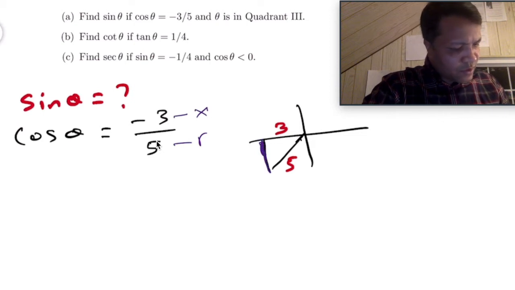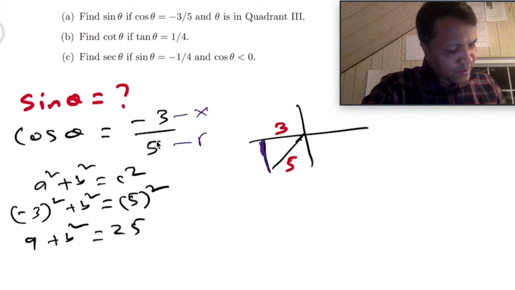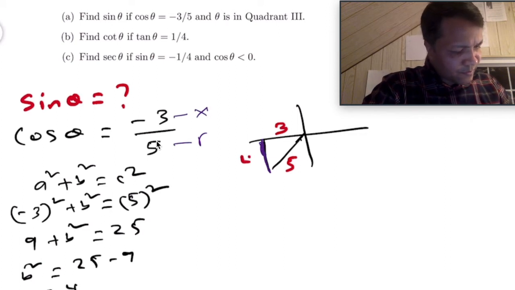So a squared, which is negative 3 squared, plus b squared is equal to c squared, which is 5 squared. So 9 plus b squared is equal to 25. So b squared is equal to 25 minus 9. So b is equal to 4. So this is 4.